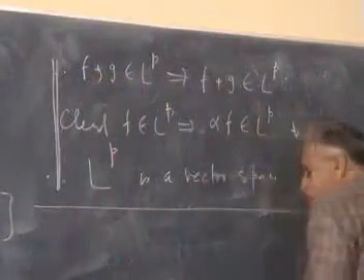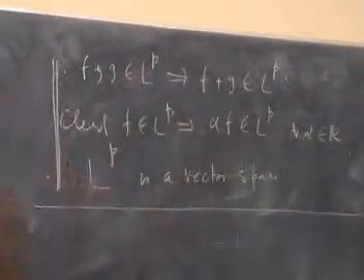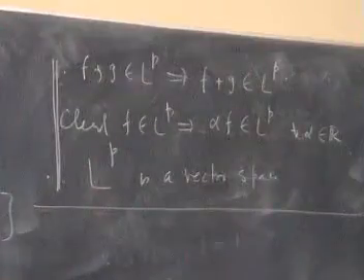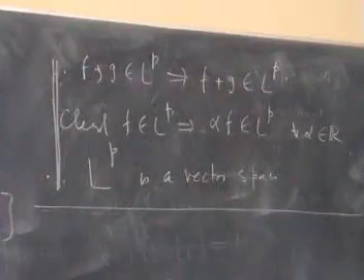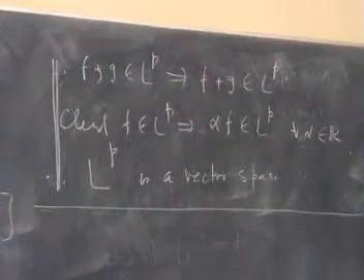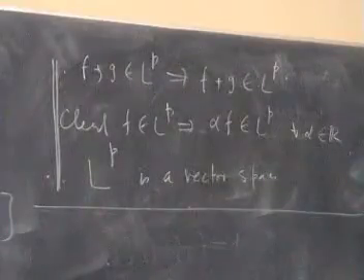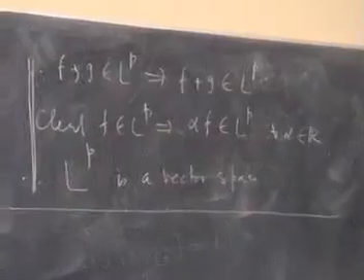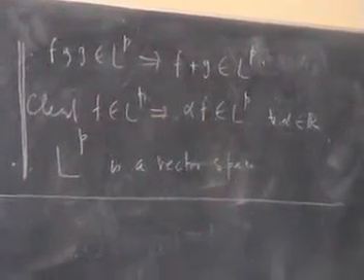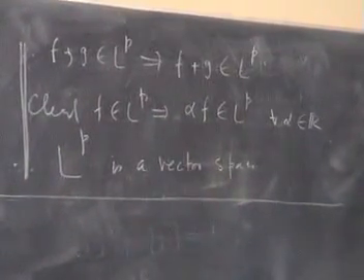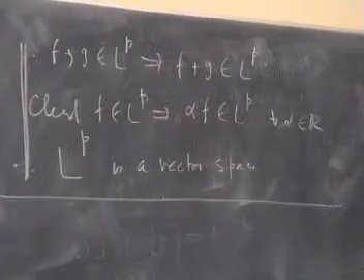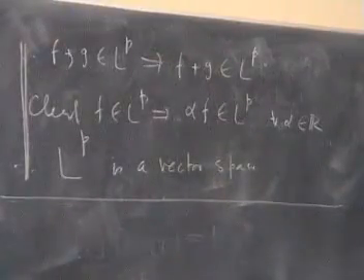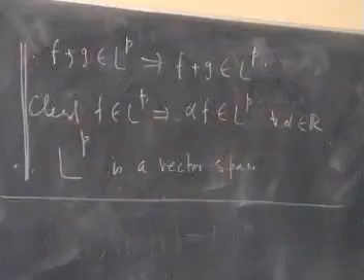Now I am going to look at one simple property, which will all be put together later. It will all be used here. Suppose I take two such indices, P and Q. Now suppose f is in LP.